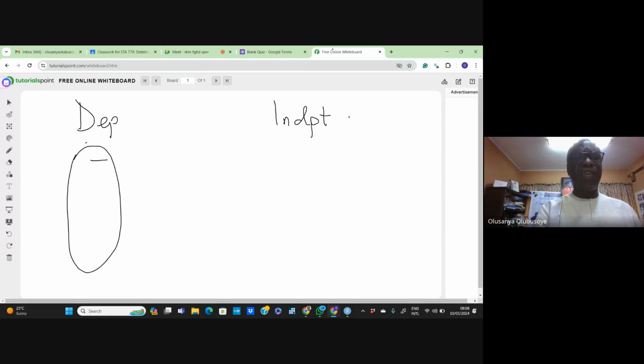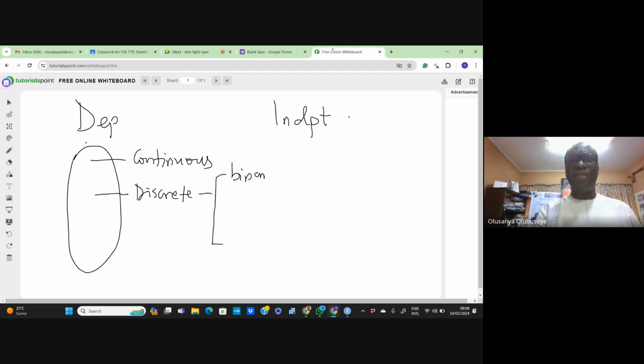As you know, the level of measurement could be continuous. It could also be discrete. If it's discrete, then you could have binary outcomes.